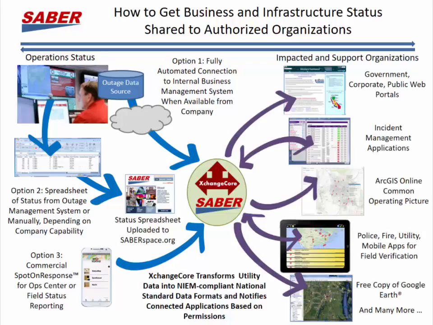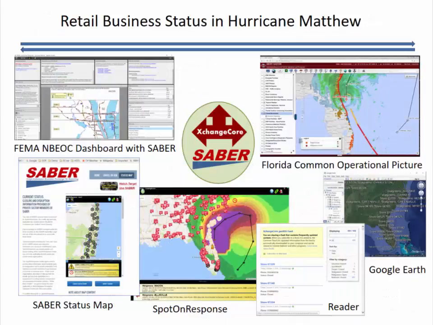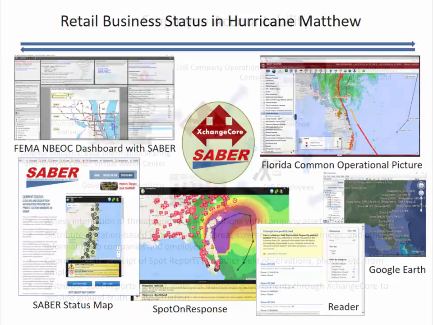All the connected applications are then notified, and the business status information can be viewed in public or government portals, in incident management applications, in common operating picture geographic information systems, mobile apps, or even a free copy of Google Earth. Many examples of the use of Sabre and XchangeCore exist, most recently in delivering retail business status in Hurricane Matthew in the United States.